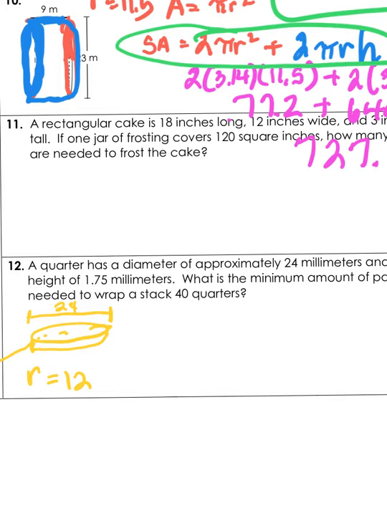Then we're wrapping paper, so we're going to do surface area. And we know that surface area equals 2 times 3.14 times our radius, which is 12, because that's the area of the circles, the top and the bottom, plus the area of our soup label, or the rim part, which is 2 times 3.14 times radius, which is 12, I forgot what I was doing, times 1.75.